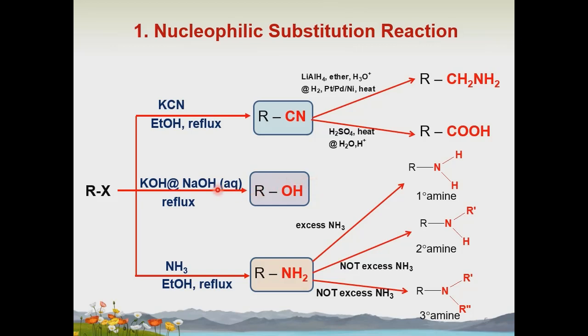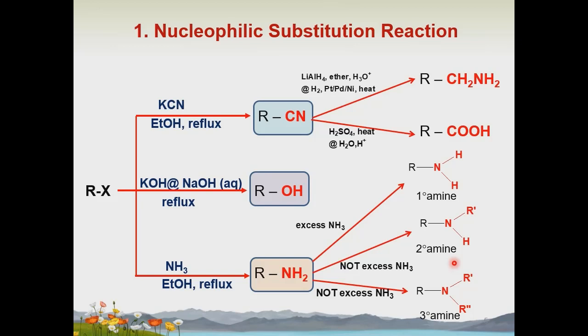The second nucleophilic substitution is the reaction of haloalkane with ammonia in the presence of ethanol and reflux. The product is going to be an amine, whereby if you have excess ammonia as reagent, we're going to produce a primary amine, and this primary amine is going to react with the product and produce a secondary amine.